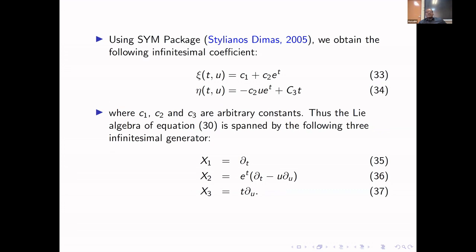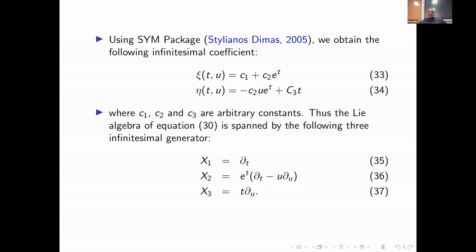Now we analyze equation 30 from the Lie point of view. We found those infinitesimal coefficients, psi and eta, equations 33 and 34, which have four arbitrary constants. That tells us that we have three infinitesimal generators, X1, X2, and X3. Now, as we discussed before, which one is the best to reduce our equation 30?